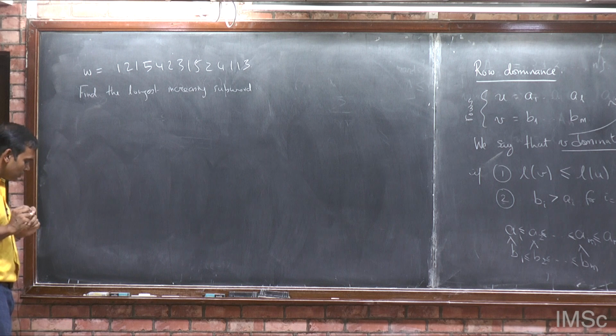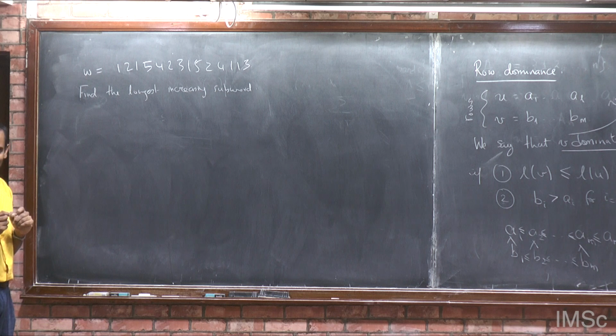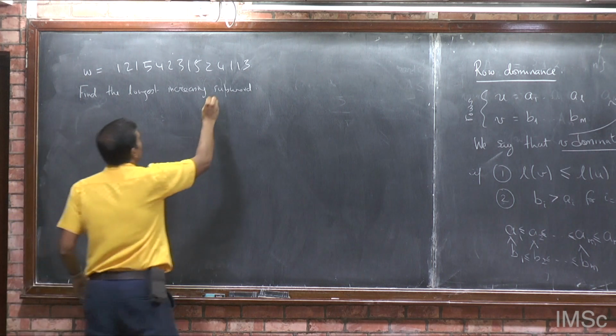So I claim that you basically only need to keep track of one thing: for each i, whether you have observed an increasing subword of length i. Oh yeah, good point.